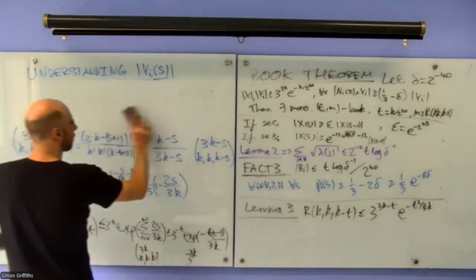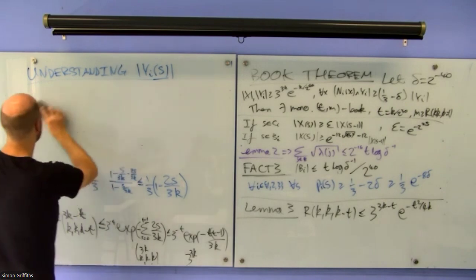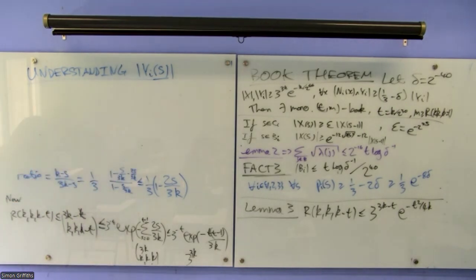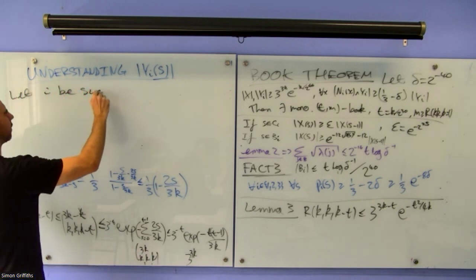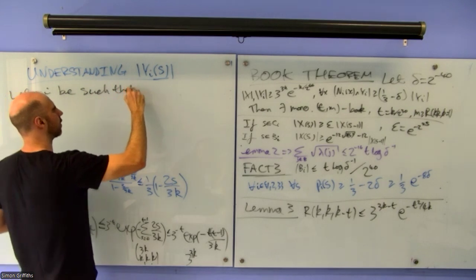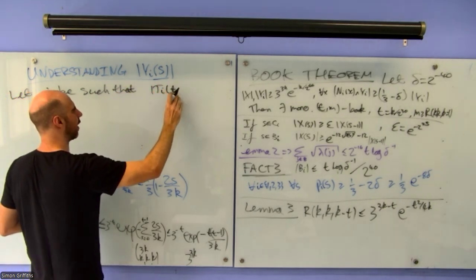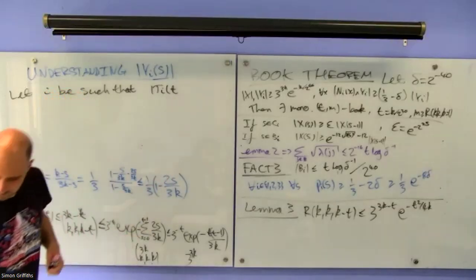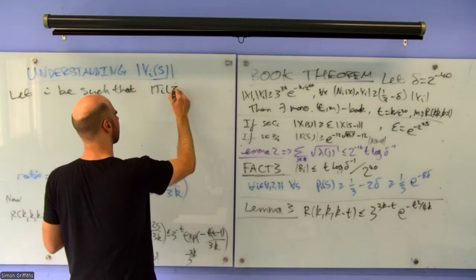So let's say we want, let I be the I such that your clique part, Ti, does get up to size t. So I guess it's Ti of tau, because that was the stopping time.